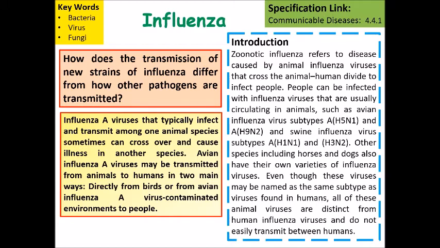Avian influenza A viruses may be transmitted from animals to humans in 2 main ways: directly from birds with avian influenza A, or via virus-contaminated environments which people may come into contact with.